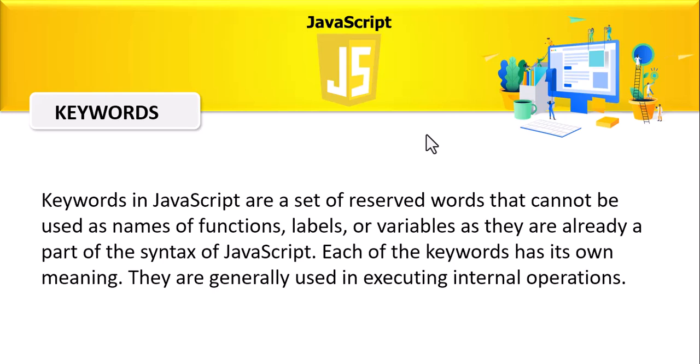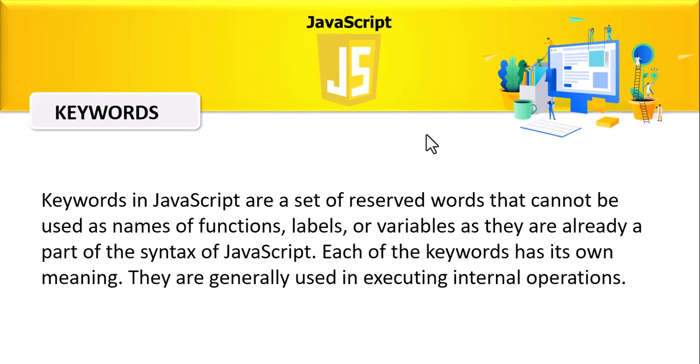Each of these keywords has its own meaning. The moment you write it, you see it change colors, which means JavaScript senses that this person definitely wants to perform a certain function with it. They are generally used in executing internal operations. So whenever they are used, they perform functions in JavaScript.